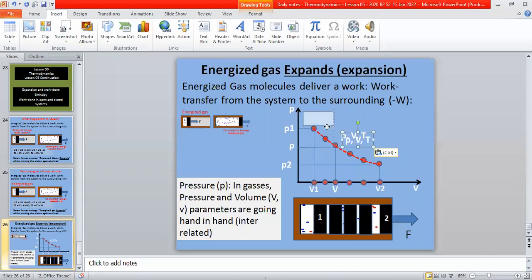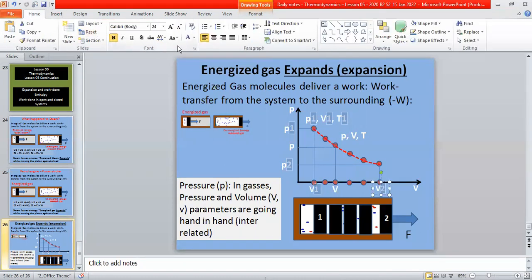So at this point, T1, V1. If you need the corresponding temperature, that is T1. So in a proper way, we put all this as subscripts.